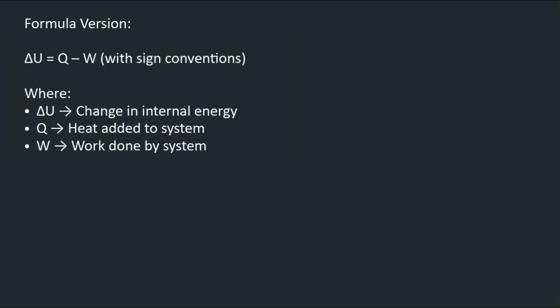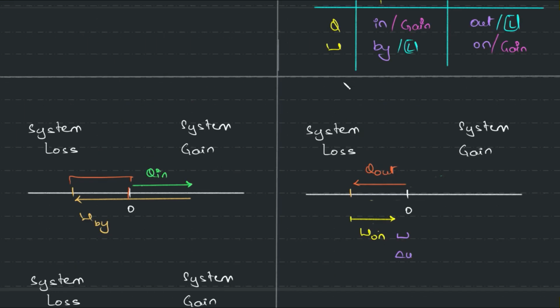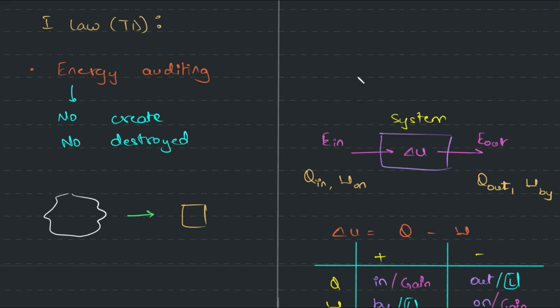Basically, the formula is taken so, and so the convention. And delta U, of course, is positive when the internal energy increases and negative if the internal energy decreases. Okay, so you guys can copy whichever version you like.